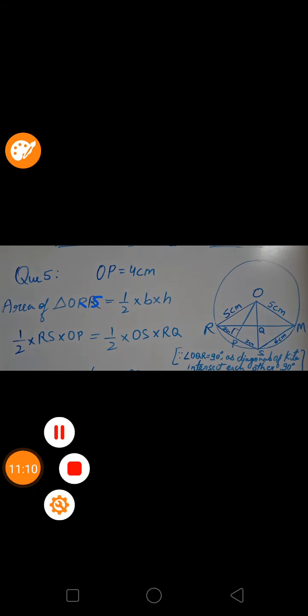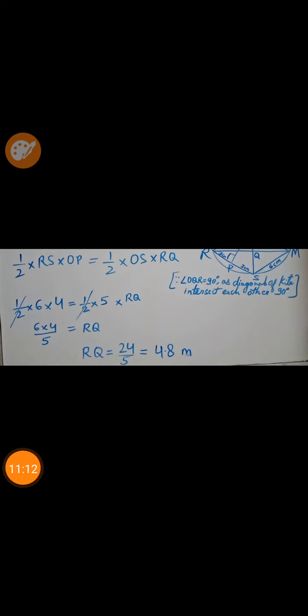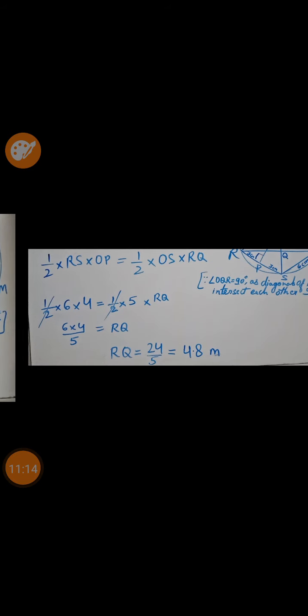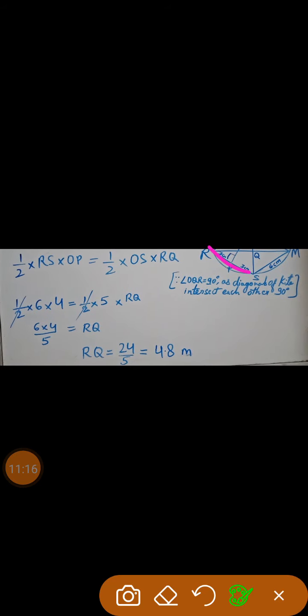In this way, now we will put in the values. RS we know is 6 meter, so we will write 6 here. OP we have already found, it is 4 meter. OS is the radius of the circle, so we will write 5. And RQ we don't know, so we will write RQ as it is.